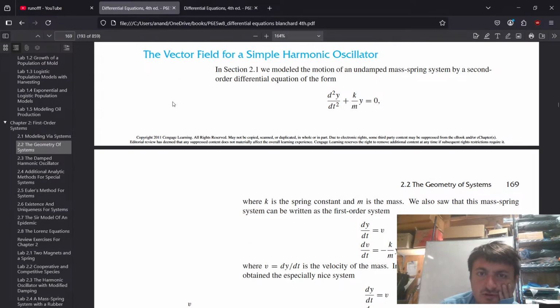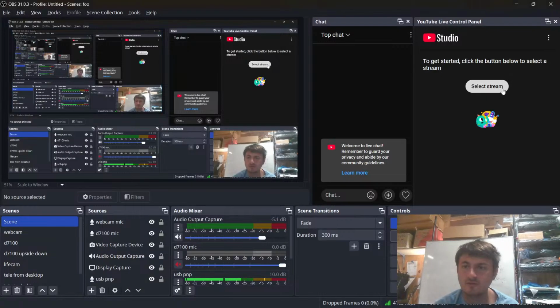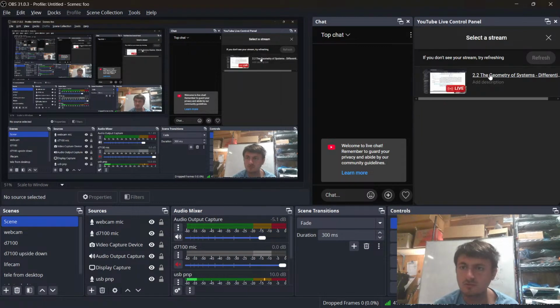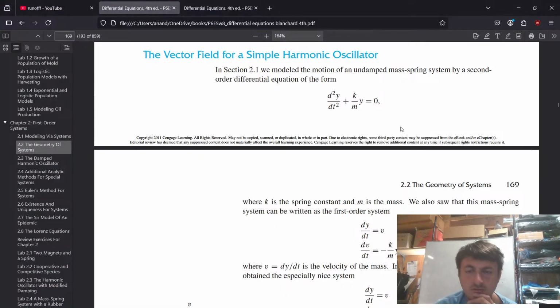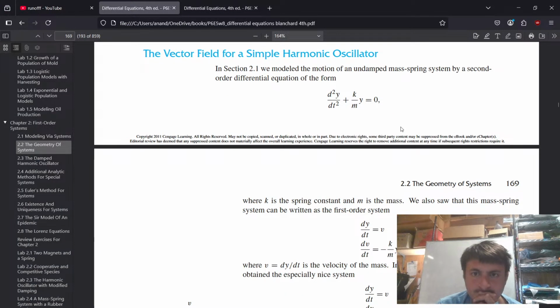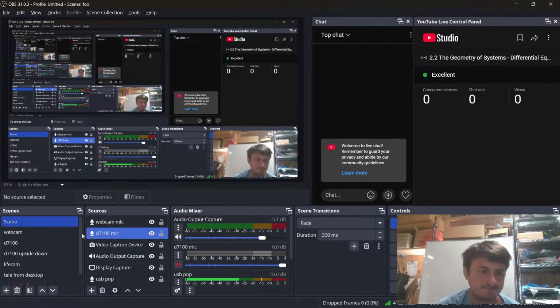The vector field for a simple harmonic oscillator. I feel like I have a hard time wrapping my mind around the harmonic oscillator. Okay, if we just try to solve this thing.